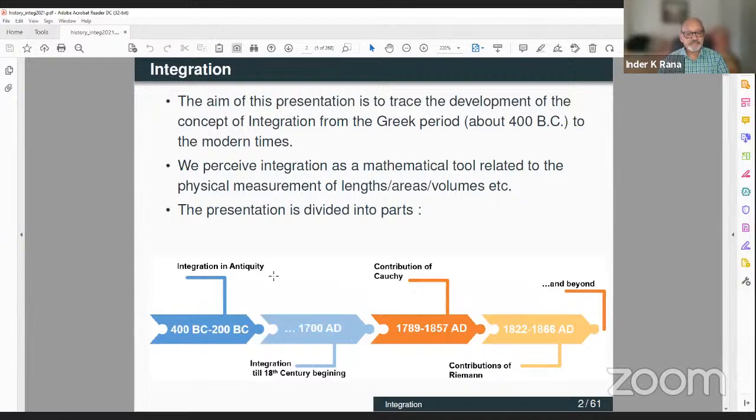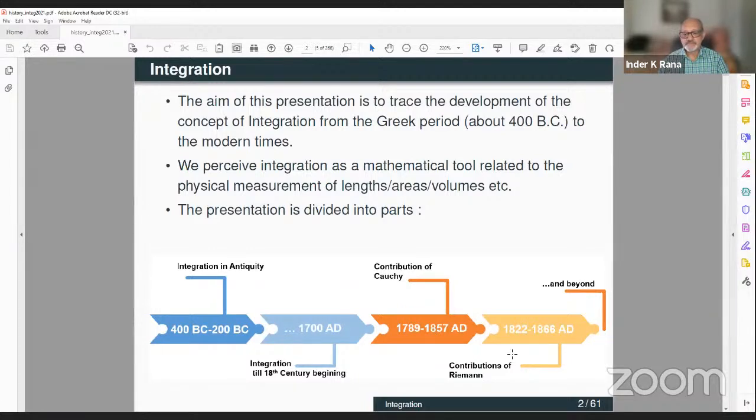Then there was a lull in the development of integration, so there is a jump from 200 BC to around 1700 AD, the beginning of the 18th century. We'll say something about that. Then I have singled out the contribution of Cauchy, the period 1789 to 1857. What were his contributions?